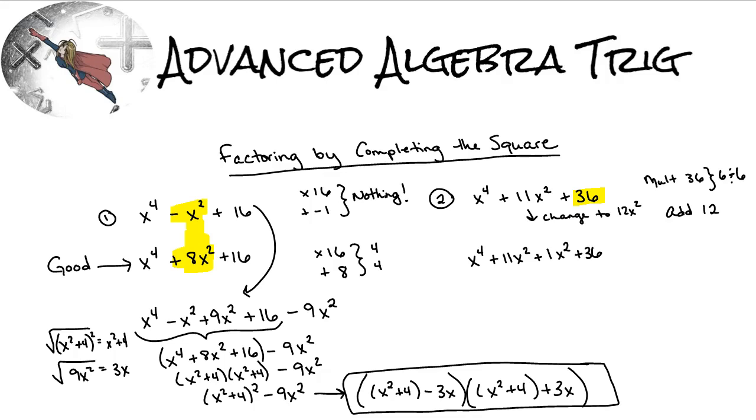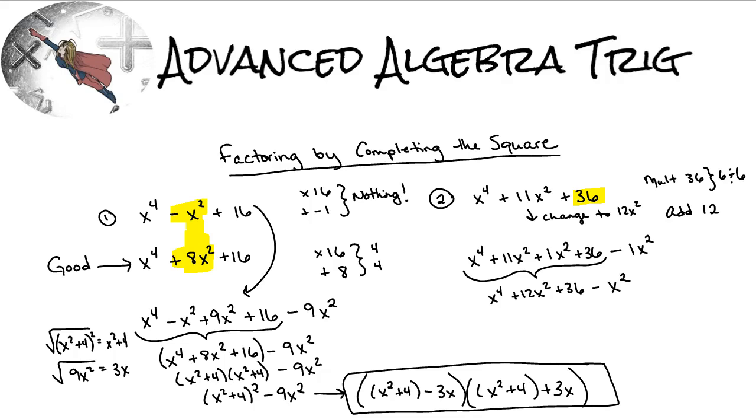But I added a 1x squared, so I need to subtract a 1x squared so that I'm not really changing the original problem. Then if we combine like terms right here, we get x to the 4th plus 12x squared plus 36. And then we have that minus, I'm just going to say x squared.